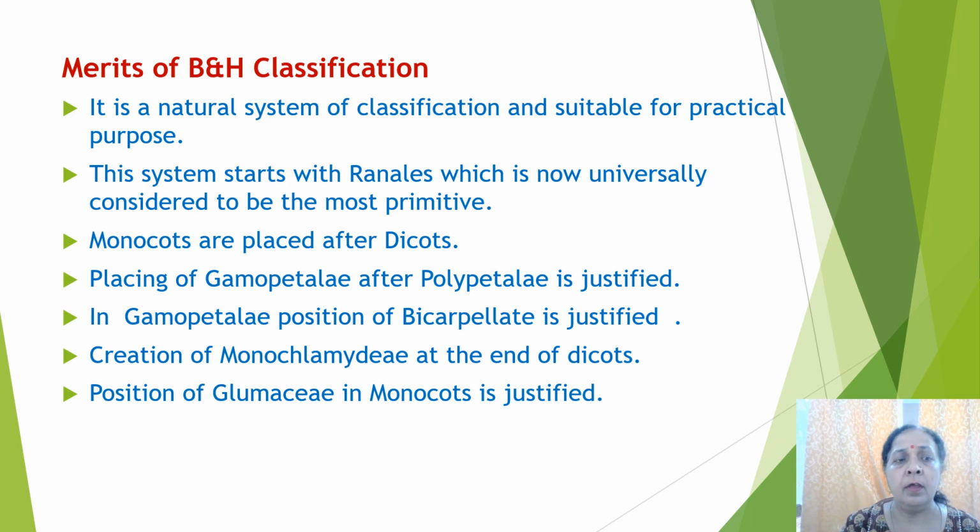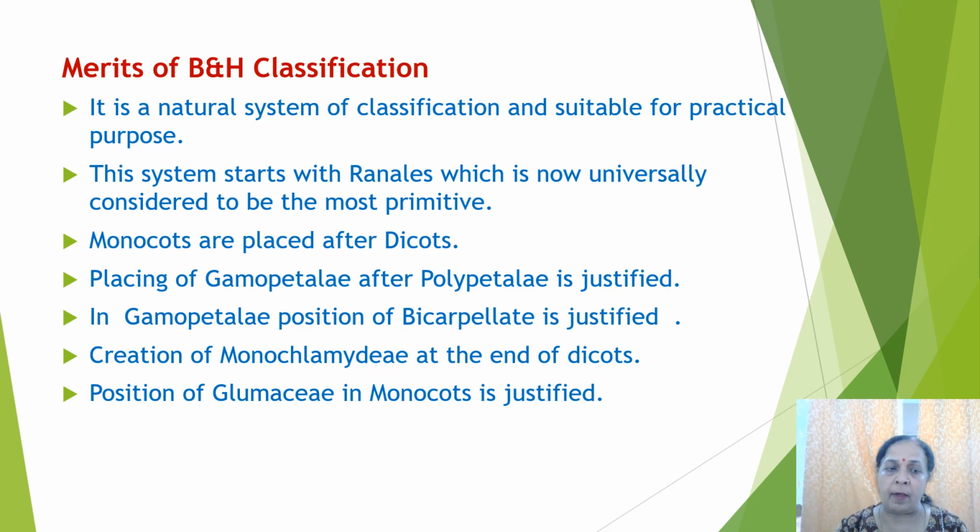It is a natural system of classification and suitable for practical purposes. The system starts with Ranales, which is now universally considered to be the most primitive. In this classification system, monocots are placed after dicots.